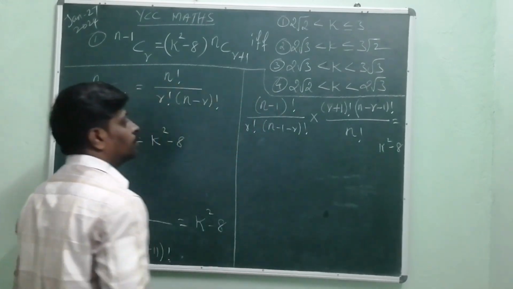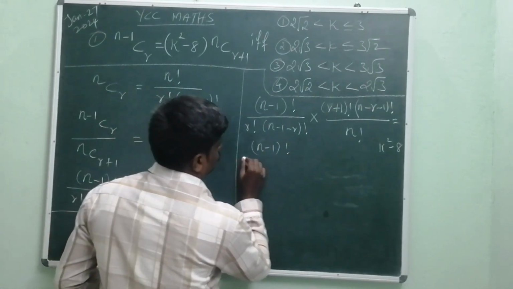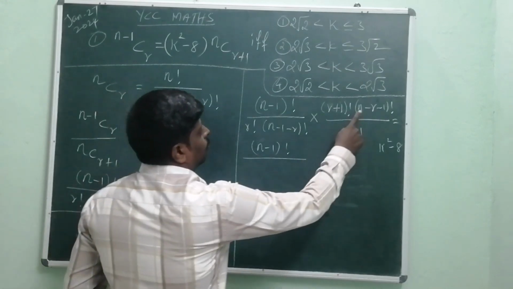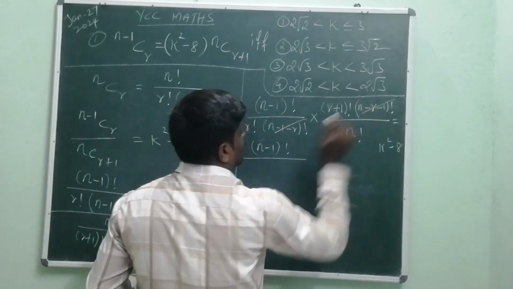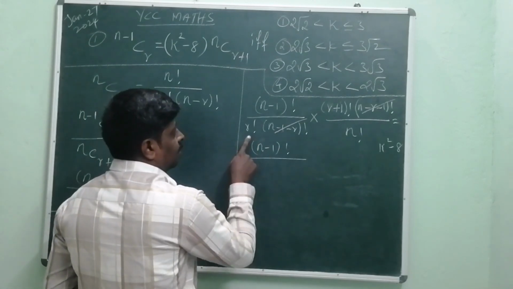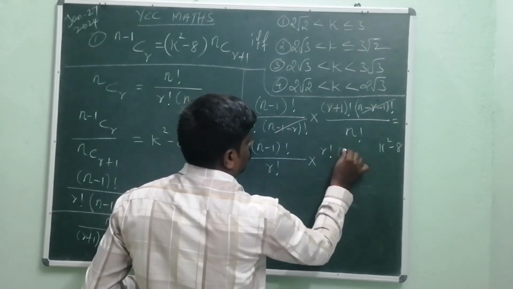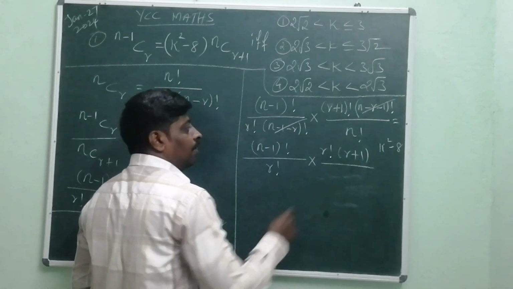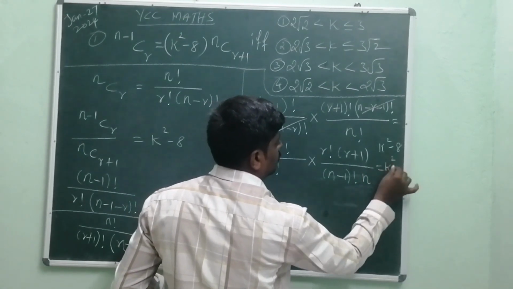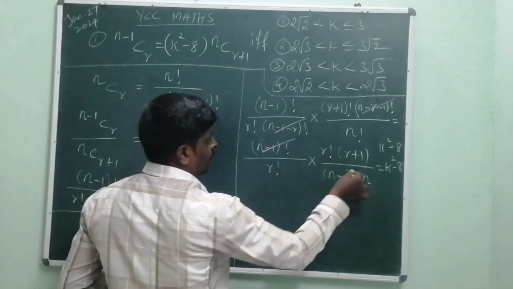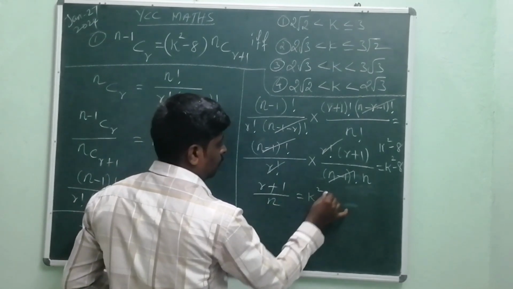Here n minus r minus 1 factorial appears in both, so we can cancel it. We write r plus 1 factorial as r factorial into r plus 1, and n factorial as n minus 1 factorial into n. Now we cancel n minus 1 factorial and also r factorial. So we have r plus 1 by n is equal to k square minus 8.